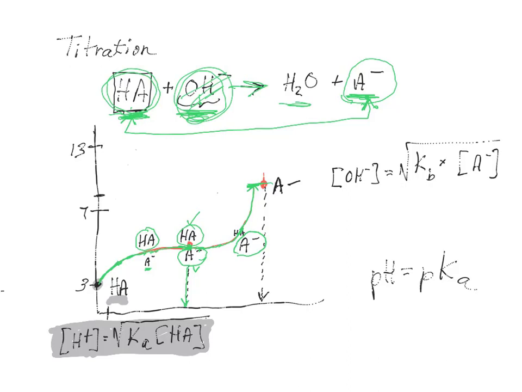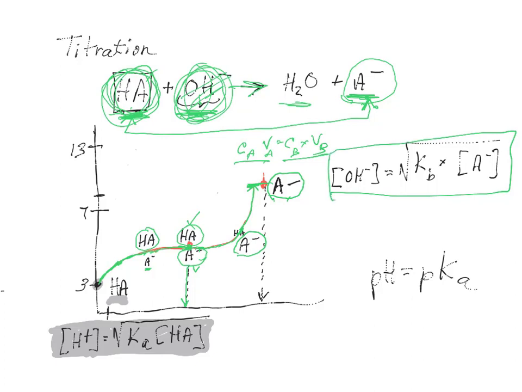This is where our equation, where the concentration of the acid times the volume of the acid equals the concentration of the base times the volume of the base, because we put in equal moles of acid and equal moles of base. That's the equimolar point. And all we have right now is A minus, which is the conjugate base. And of course, if we just have A minus, then this original weak base equation comes into play, and you can end up using that.